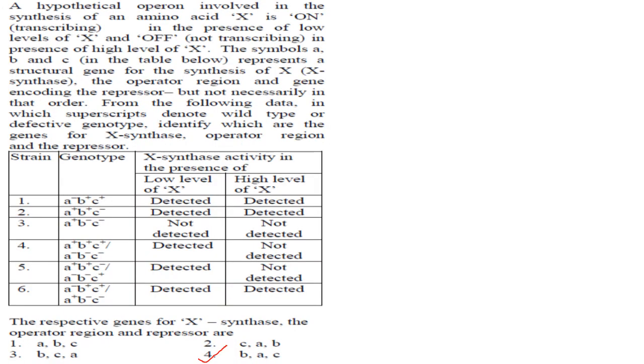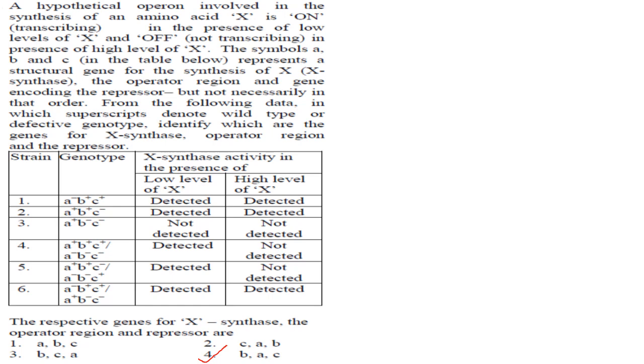Then next one. A hypothetical operon involved in the synthesis of an amino acid X is on in the presence of low levels of X. So when the concentration of X is less, the operon is on, and off in presence of high level of X. So when there is high level of X, the operon is off.